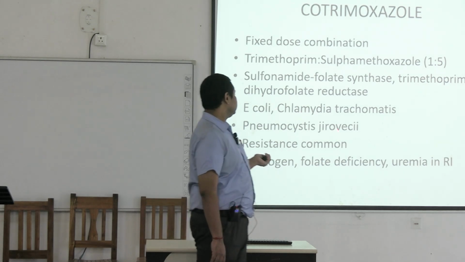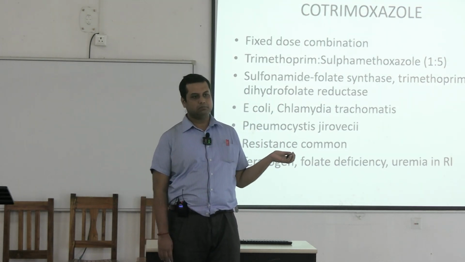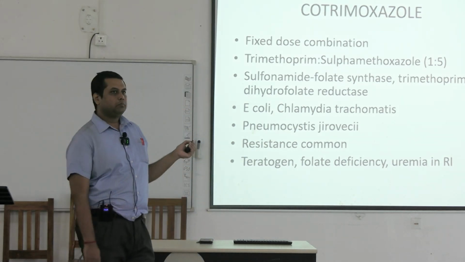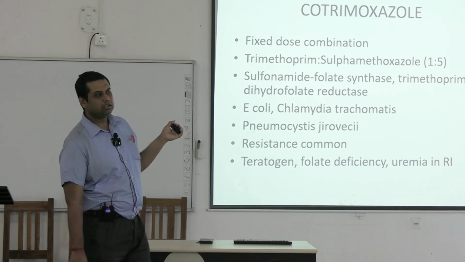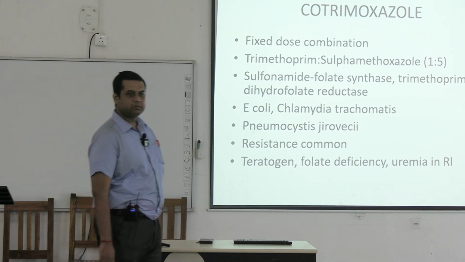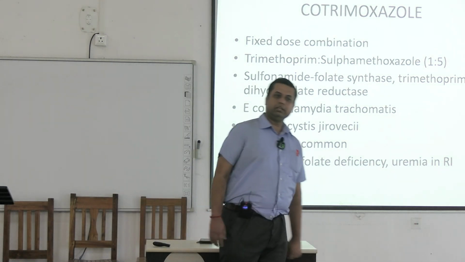Now this is an opportunistic organism, it's not a bacteria. Pneumocystis jirovecii attacks immunocompromised patients, in HIV/AIDS patients. In that case co-trimoxazole is very effective.